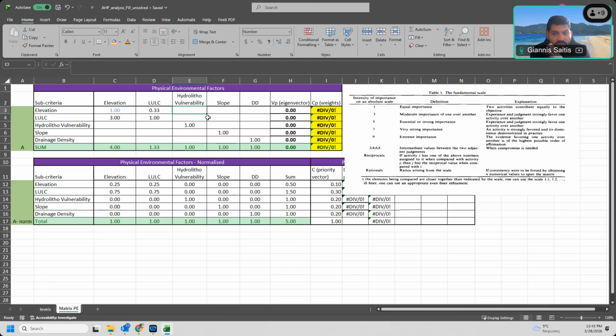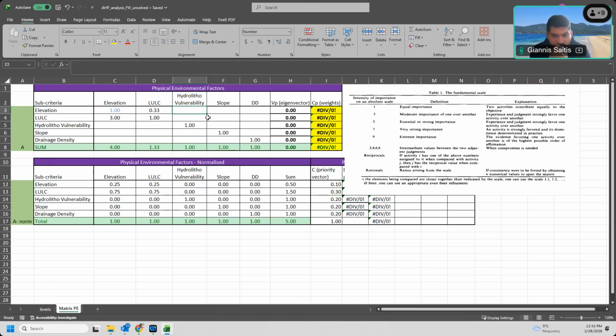But which of these is more important to get a flood? I would say the hydrological factors are more important. Me too. Very good. So first you answer which is more important, and then how much more important it is.